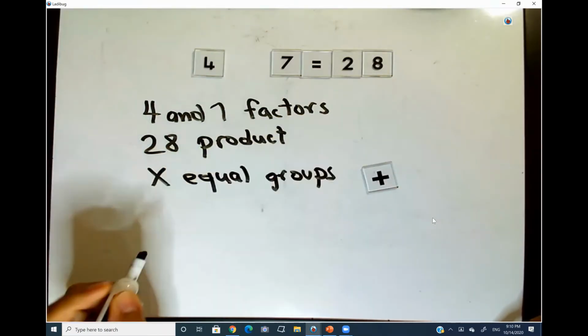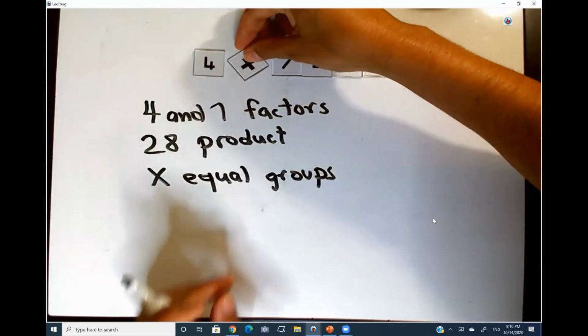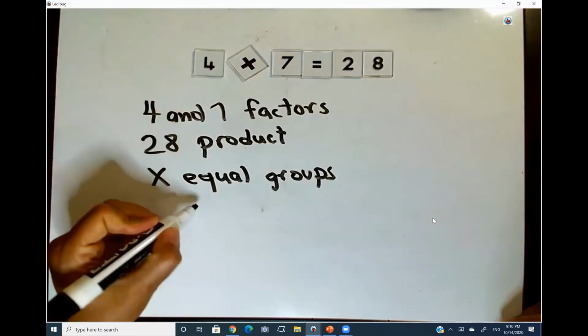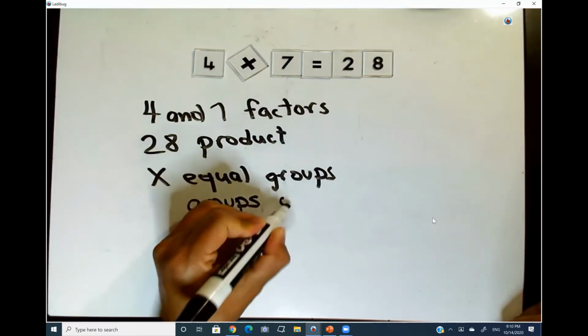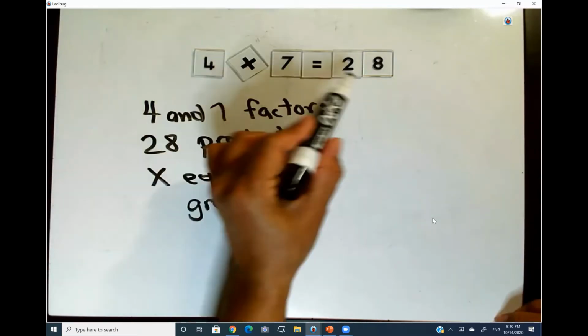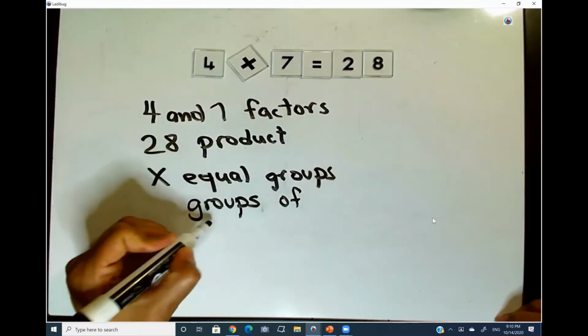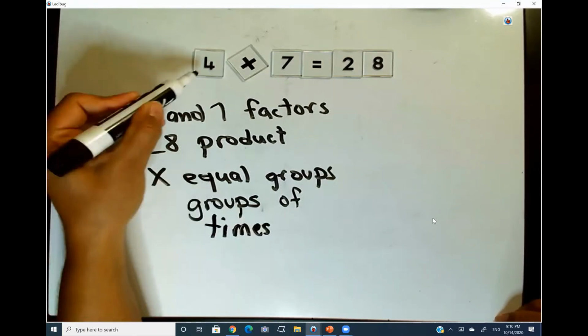When you read it, you say it like this: 4 groups of 7. So you say it's groups of. Again, 4 groups of 7 equals 28, or the other name is times. So you can read it like 4 times 7 equals 28.